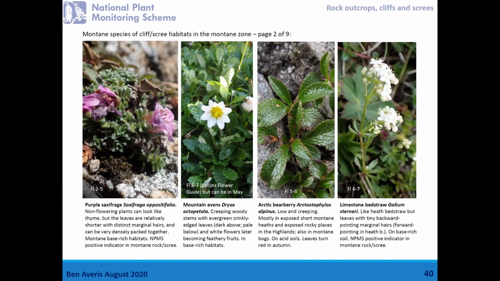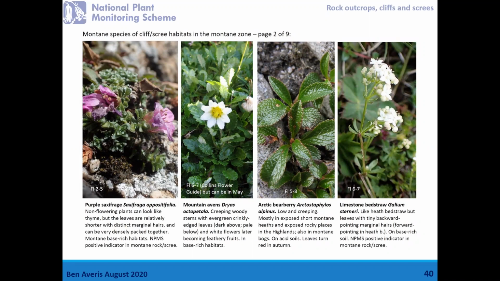Purple saxifrage. It's a very early flower, remarkably early, coming out when the weather's still really horrible and cold. But for a lot of the year, we just see the leaves, and they're in these low patches and creeping, sprawling patches over the rocks. And they look a bit like thyme.